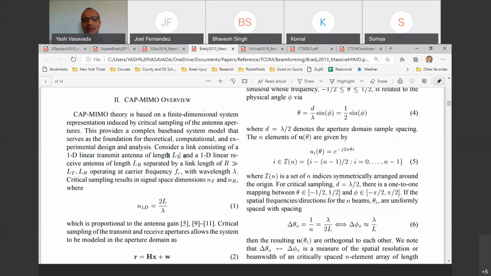The length of the antenna is LT, or in general capital L. And remember, this is actually one physical piece of hardware, only one antenna. So this L is in meters.